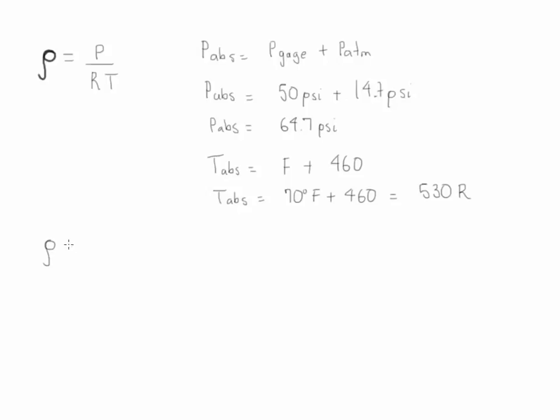We have density is equal to 64.7 pounds per inch square divided by the value of R, which is given as 1716 feet pounds per slugs per Rankine, and then we have 530 Rankine.